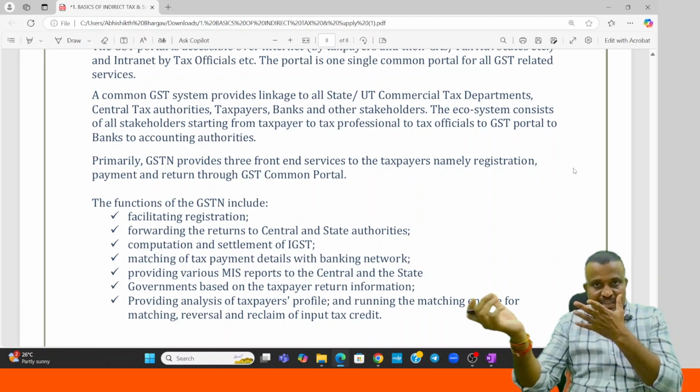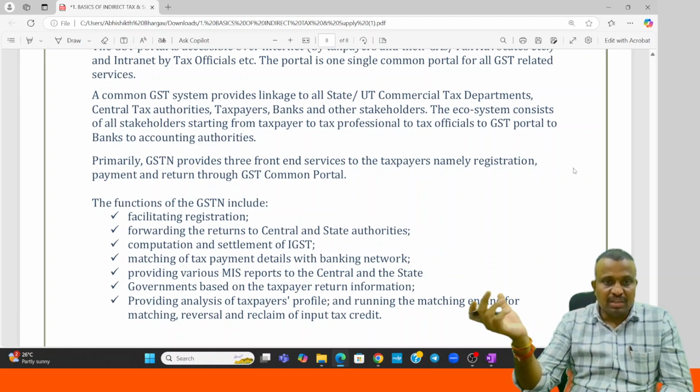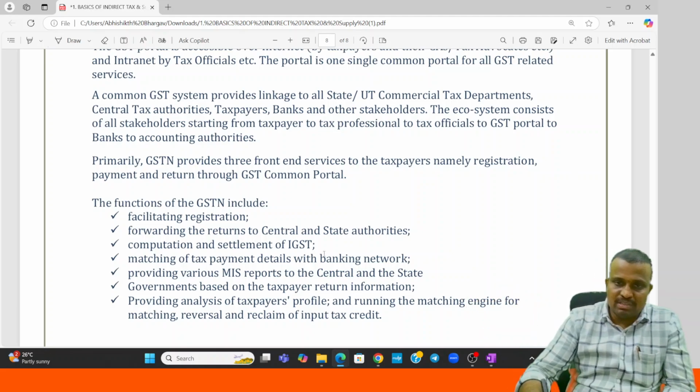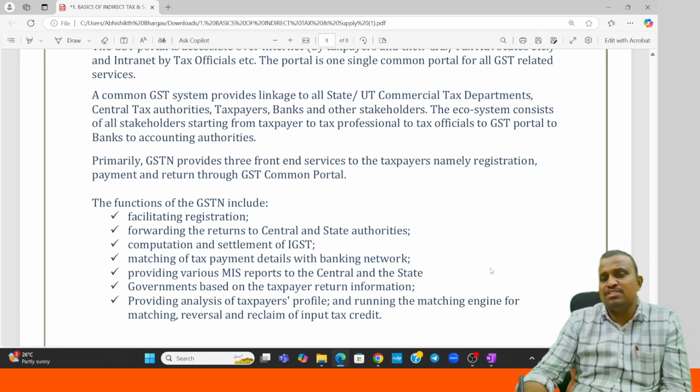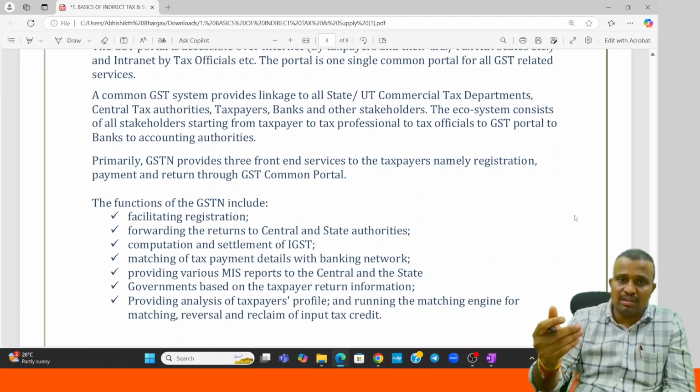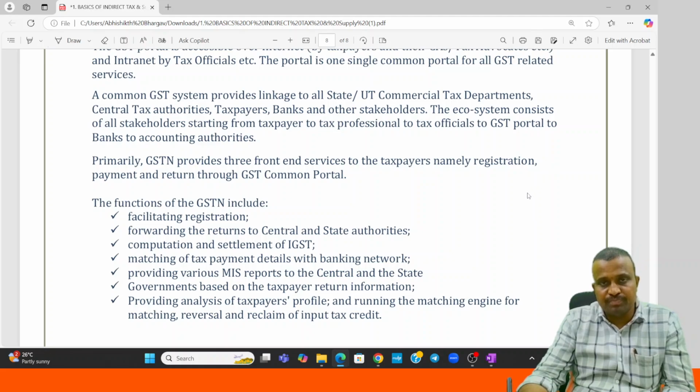They can also issue notices if any, based on taxpayers' information. All of these can be done using the GST portal only.